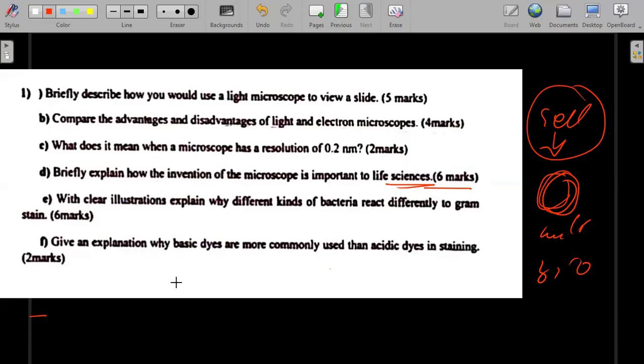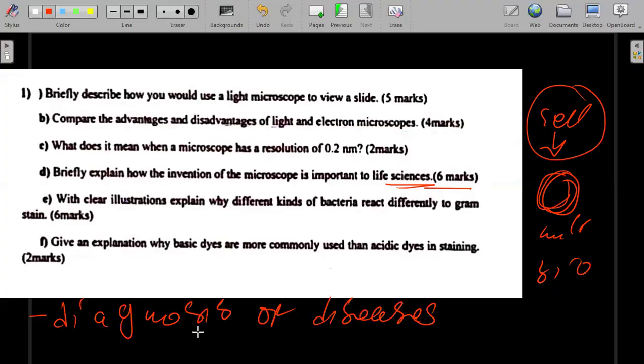So you can also use this microscope for diagnosis of diseases, isn't it? Diagnosis of diseases. That's another importance of microscope. So we have given about four. Let's give two more.